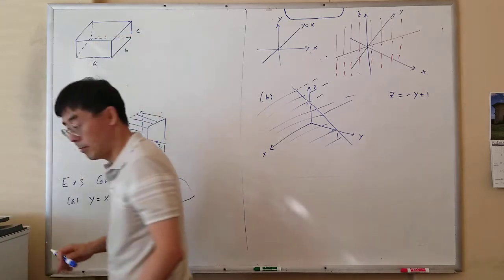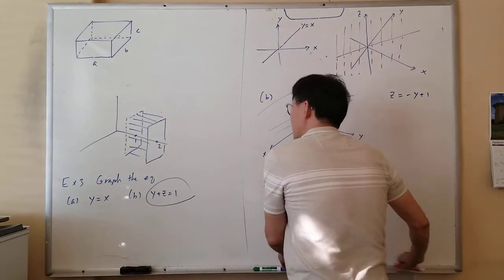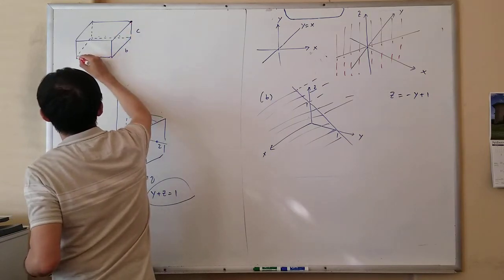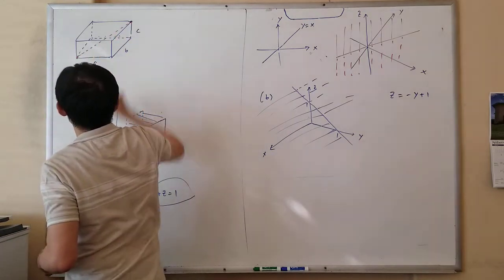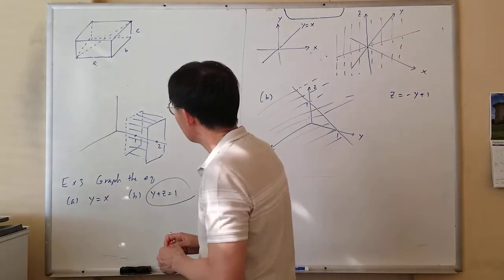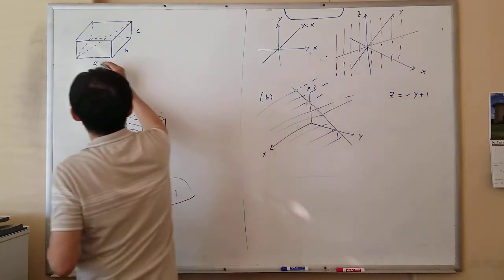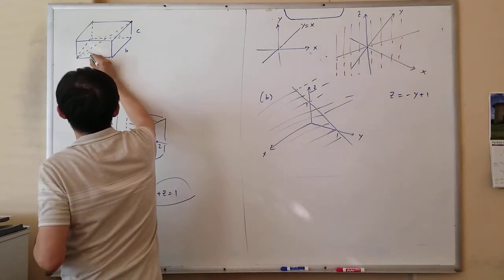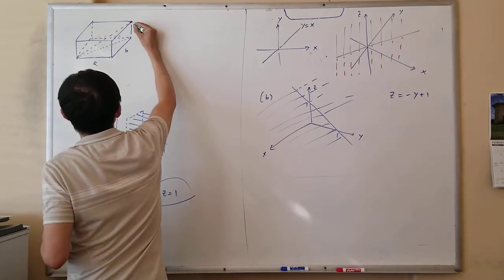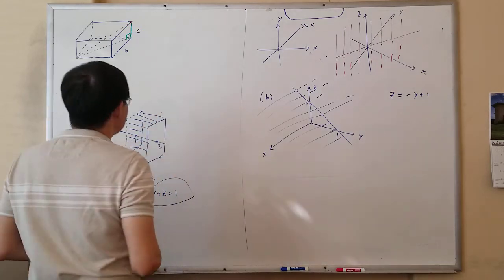Okay, so if you make a connection from here to here, the longest diagonal through the rectangular box, what is the length of that? Well, first of all, you think about the diagonal on the base rectangle. And then think about this right triangle.